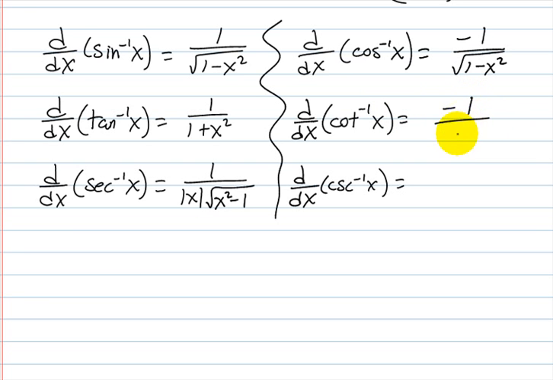For inverse cotangent, it's negative 1 over 1 plus x squared. The same idea is true for inverse cosecant. So memorize these, know them, and that's about all you're going to have to do. You'll do a few problems with them, but it's not going to be a big deal.